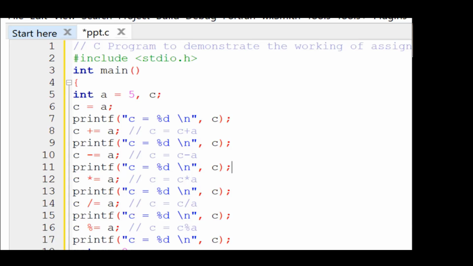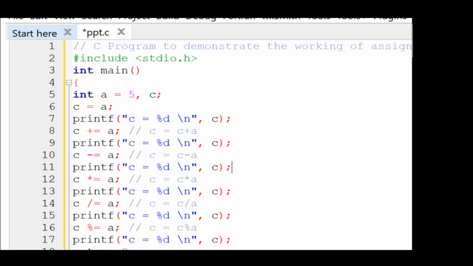Now, for those who said they don't understand this principle, what we are saying basically is that in assignment operators, you either assign a value to a variable, you assign an expression to a variable, or you assign a variable to a variable.